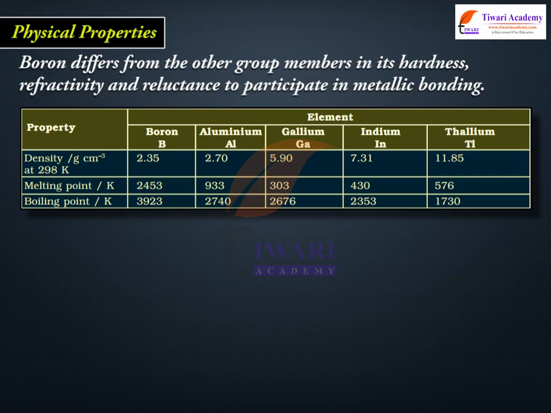In water, the halides of the group 13 metals hydrolyze to produce tetrahedral M(OH)4- species. 2Al solid plus 2NaOH aqueous plus 6H2O liquid give 2Na+[Al(OH)4]-, sodium tetrahydroxoaluminate, plus 3H2 gas.